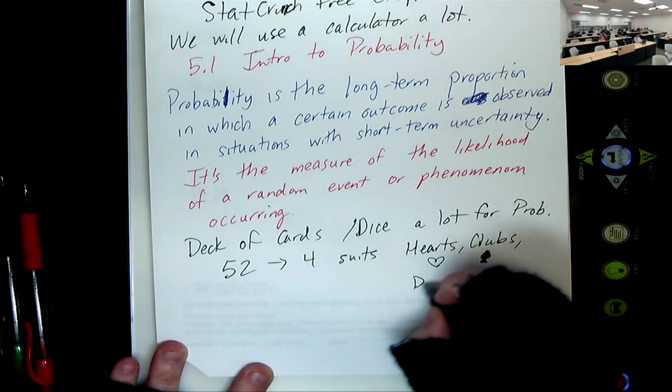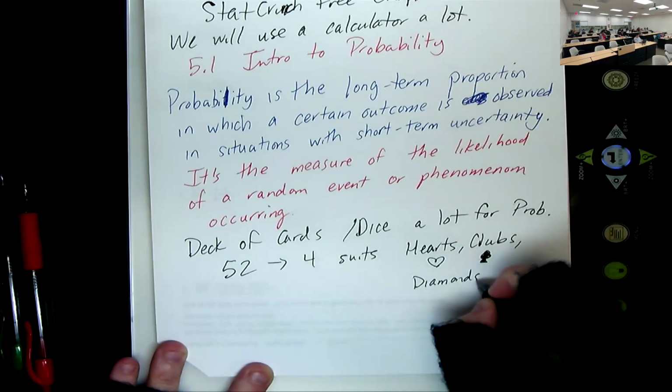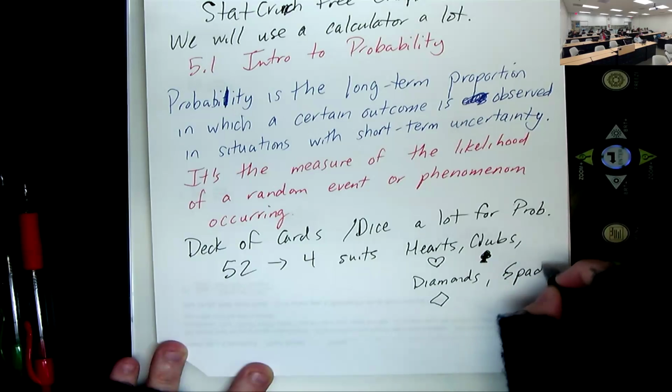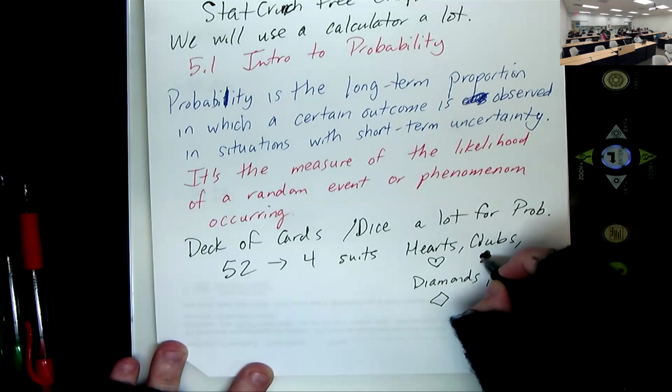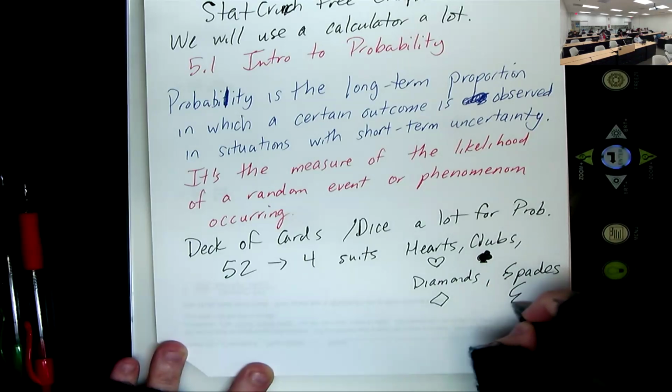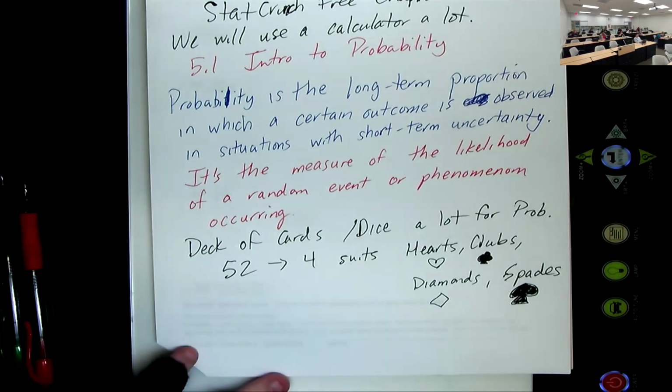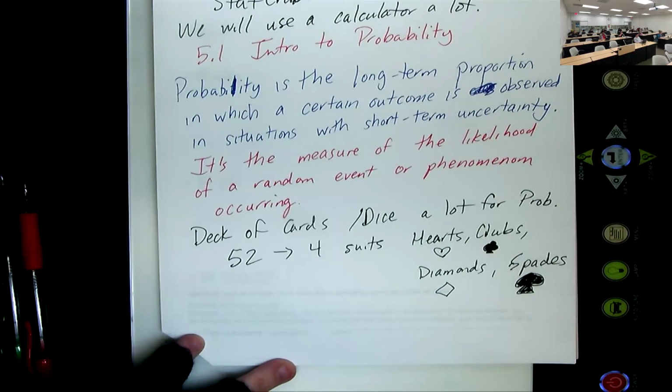And then we got our diamonds, and spades. The spades looks like a black heart upside down with a little base on it. Clubs looks like a 3-leaf clover. Hearts and diamonds are red.